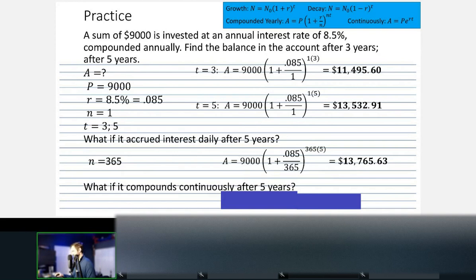I agree with those putting their answer in chat. It is $13,766.31. And because it was compounded continuously, all of you did a good job and used the correct formula. Very good.